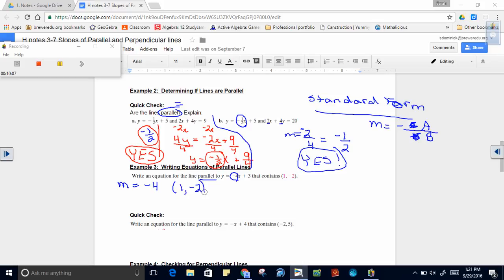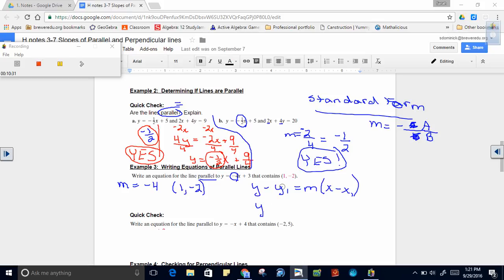They don't specify what type of equation they're looking for, just an equation. So if I've been given a point and a slope, I would choose to do point-slope form, which is y minus y1 equals m times the quantity x minus x1. So I'll keep this always as a y.